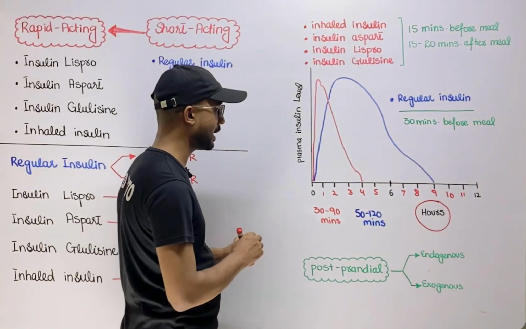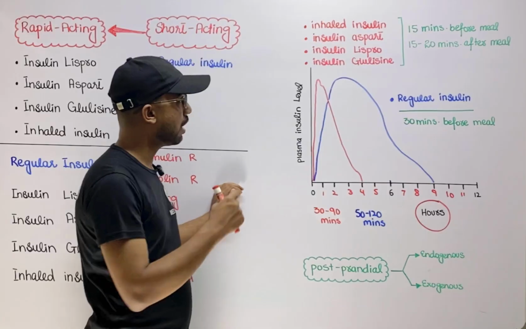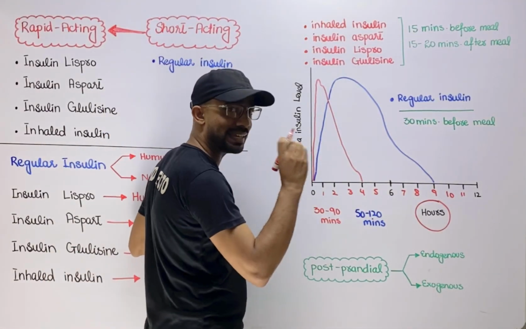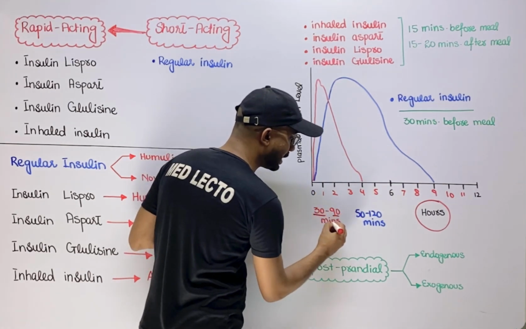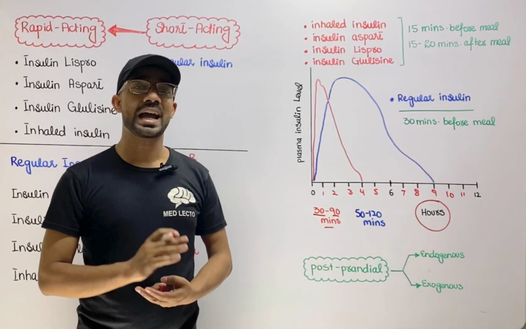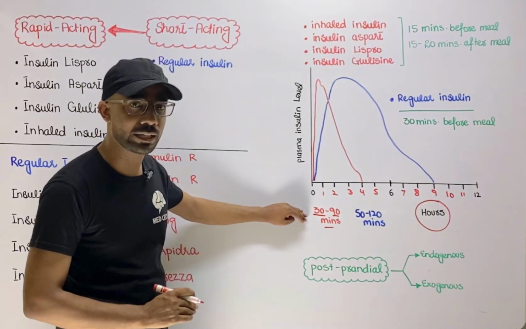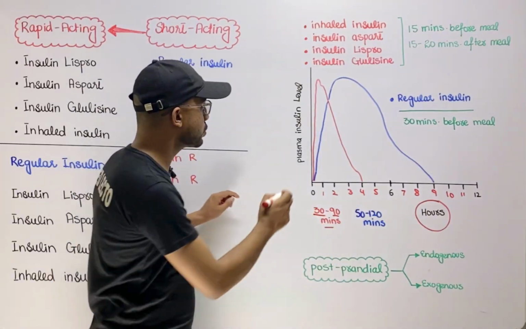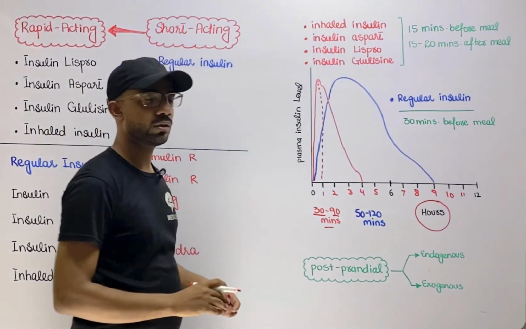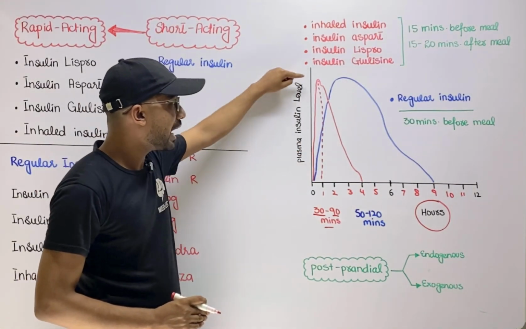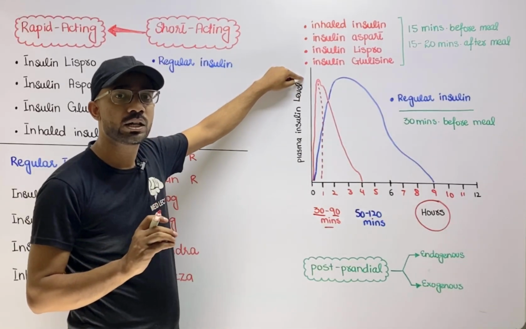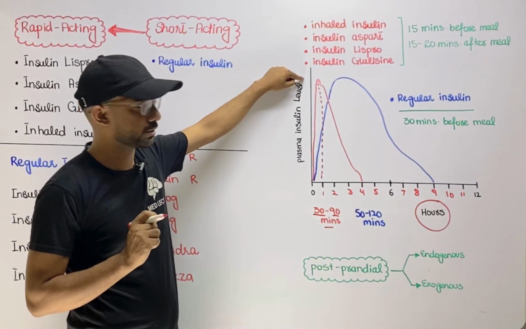For example, after administration, any of these insulin analogs will reach the peak level within 30 to 90 minutes. It will take approximately 1 hour to peak, minimum 30 minutes and maximum 90 minutes. So here is the peak level. That's why we call it rapid acting insulin analogs.